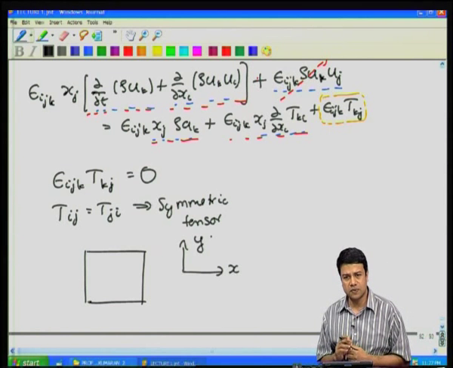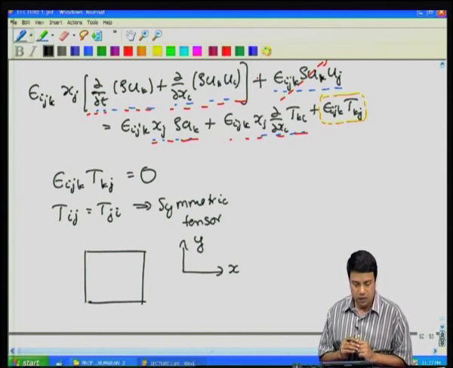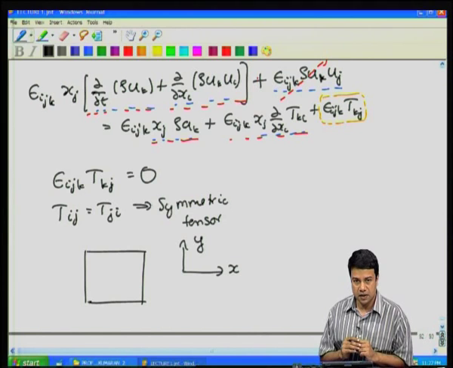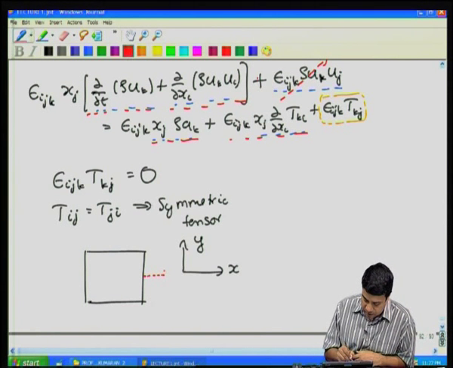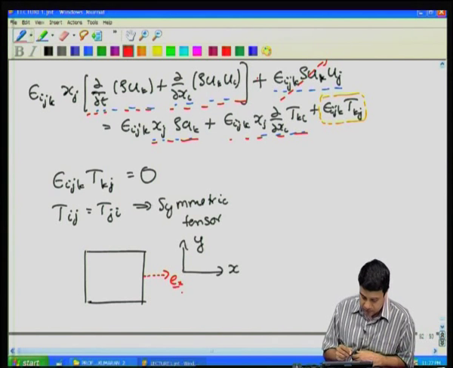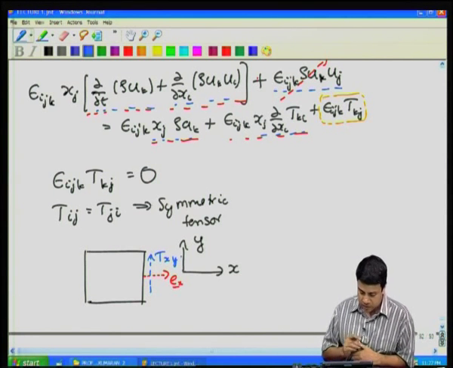We usually take x 1 and x 2, but for simplicity in this case I will take x and y to connect up to something that you are familiar with. Now, on the right surface, the force per unit area in the y direction acting at a surface whose outward unit normal is in the x direction, E x, is T x y.